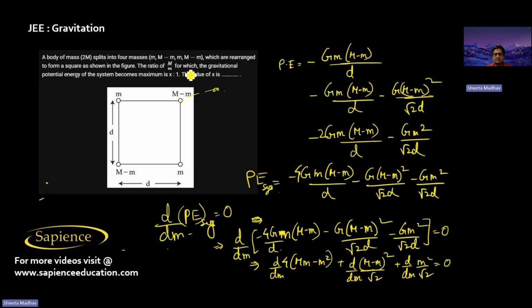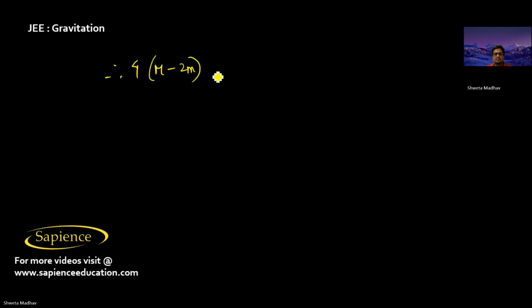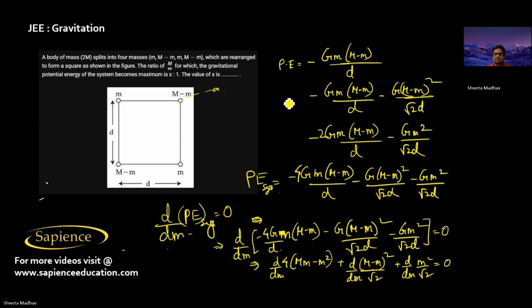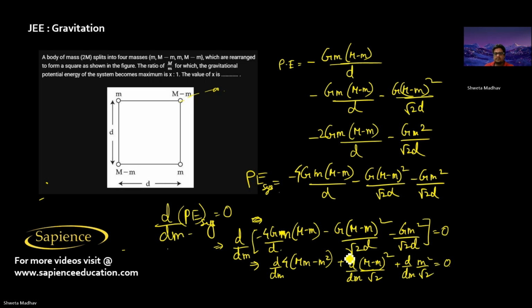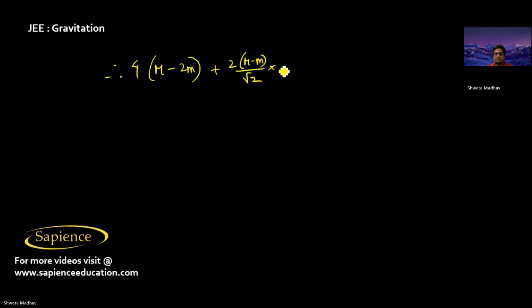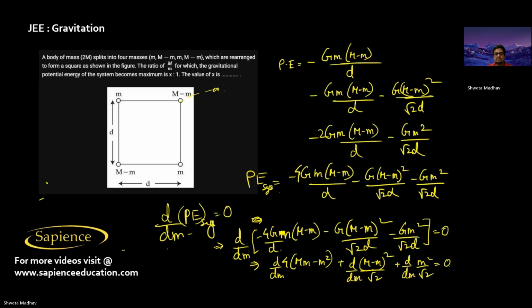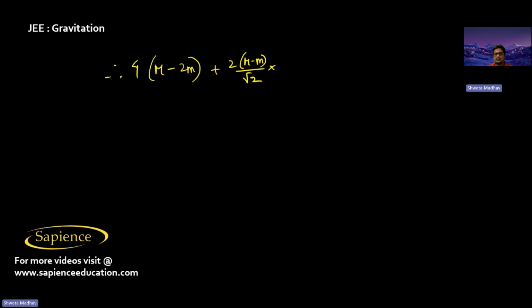So this is m minus 2M, plus this is 2 into (M minus m) by root 2 into d by dM of this.